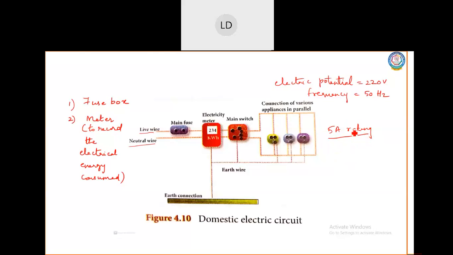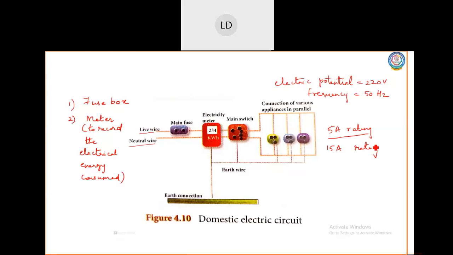Now the other circuit is a 15 ampere rating circuit which is connected to high power rating appliances. For example, air conditioners. We use ACs in our house, air conditioners, then refrigerators, electric iron box, electric heaters.